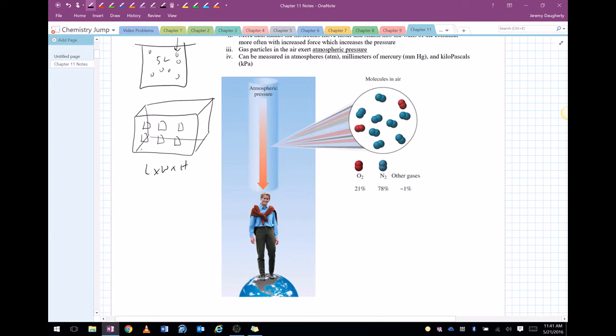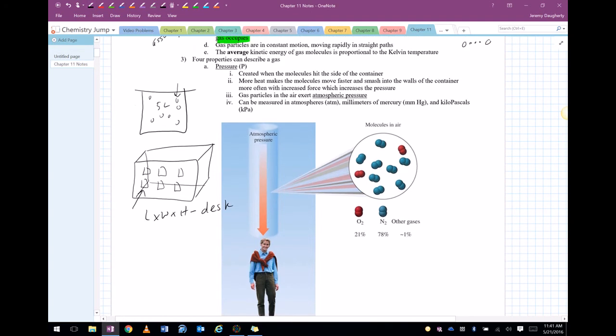If I wanted the volume of air, I would have to subtract out the volume of the desks. So when it's in 5 liters, we just assume that the gas particles don't take up any space, and so we don't subtract out that space. In the ideal gas law, there is a different gas law where the space it takes up is subtracted out, but we're not worried about that right now.